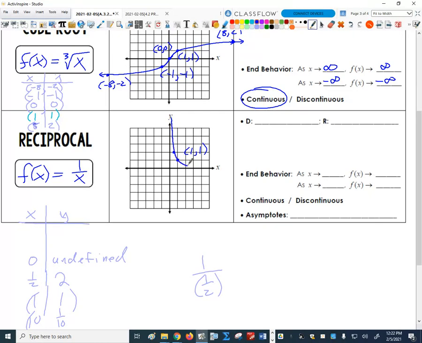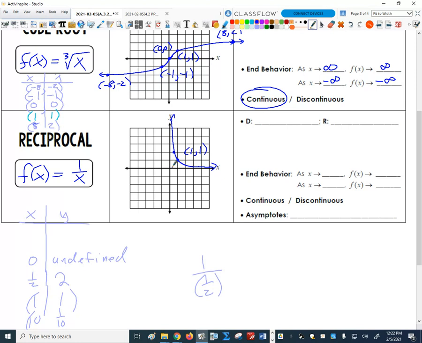As I get smaller and smaller numbers closer to 0, 1 over those really small numbers is big. Like if I take something like 0.01 for x, 1 divided by 0.01 is 100. What if I take 0.0001? Well, 1 over 0.0001 is 10,000, right?